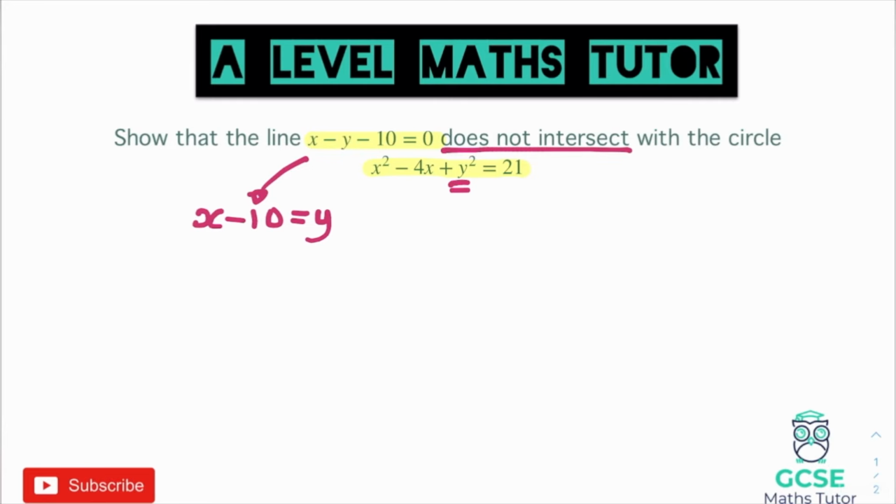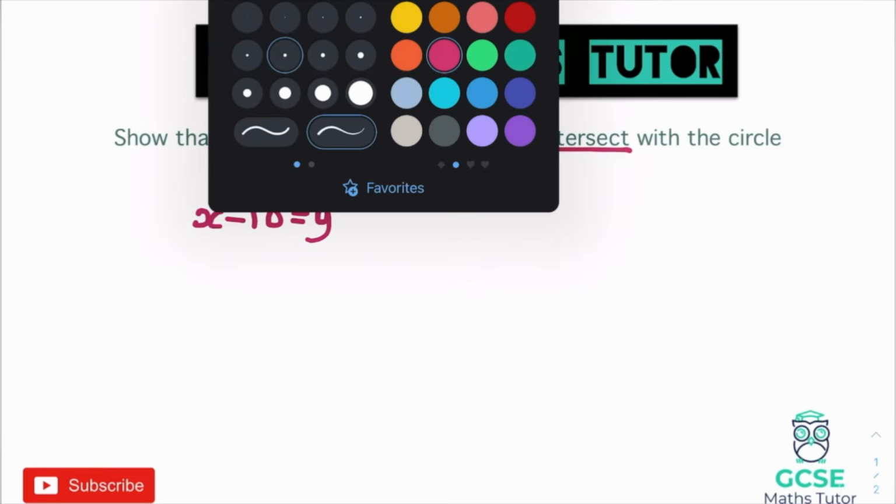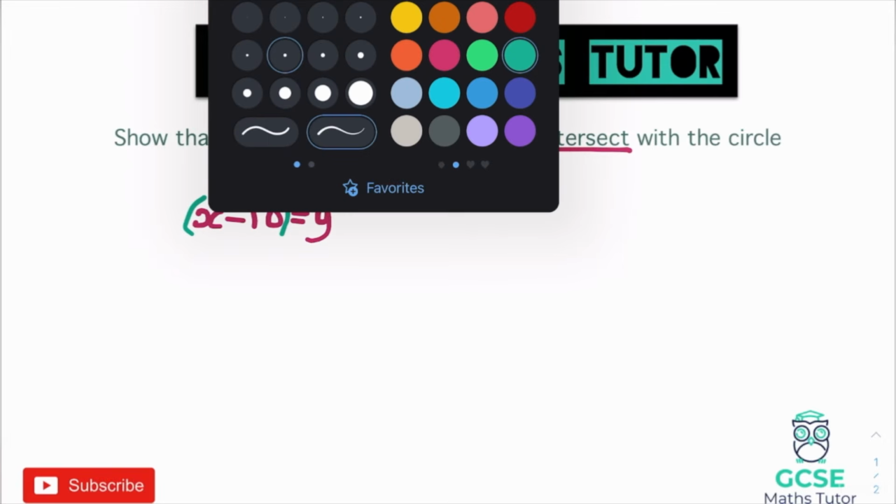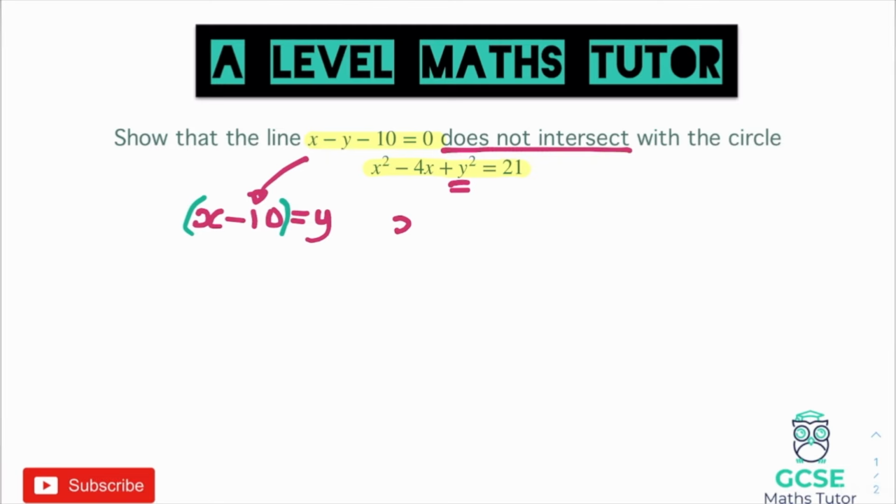Of course you could write that as y equals x minus 10. So if we take that and substitute it into our circle equation, putting a bracket around x minus 10, we get x squared minus 4x plus our x minus 10, squared, and that is equal to 21.